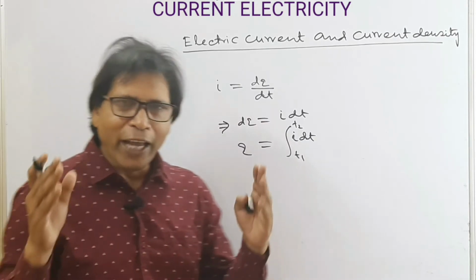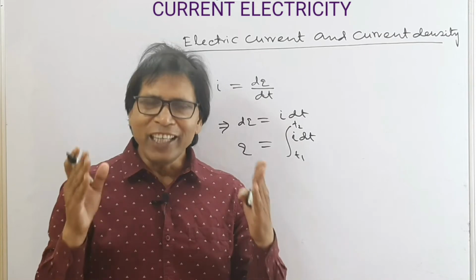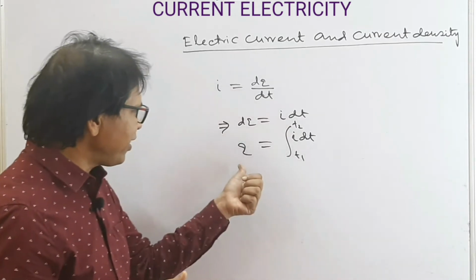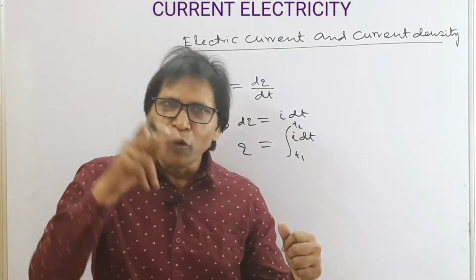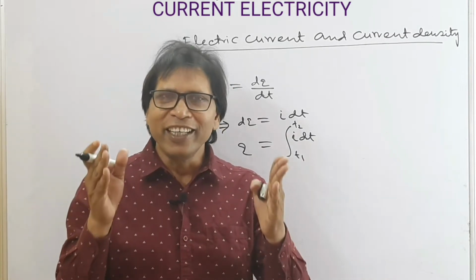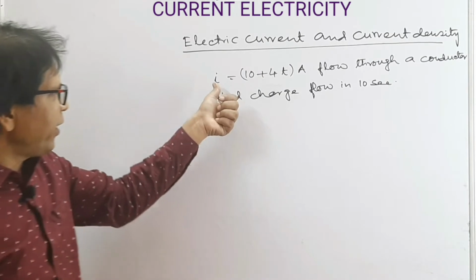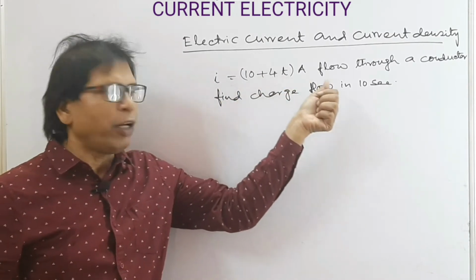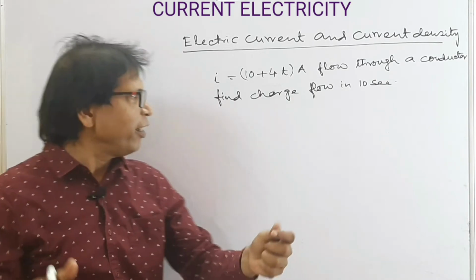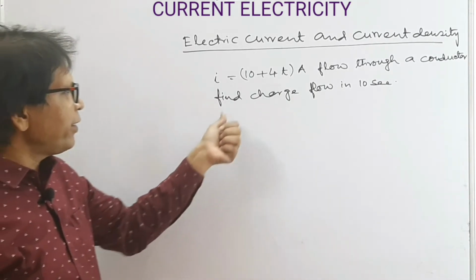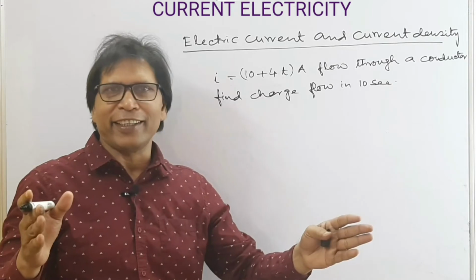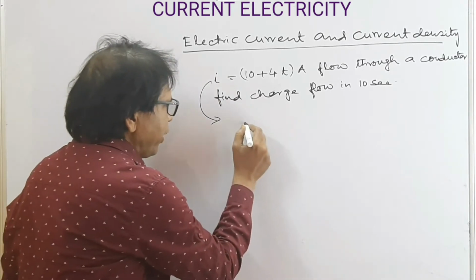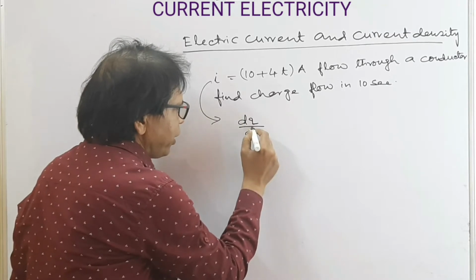Now I will be solving three numericals related to average current, instantaneous current and rotation of charge in a circular path. Look at this: current I equals 10 plus 4t ampere flows through a conductor. Find the charge flow in 10 seconds. We know I equals dq by dt.